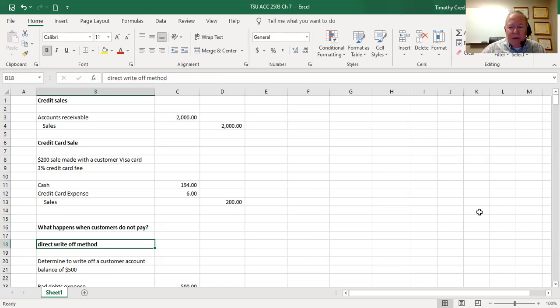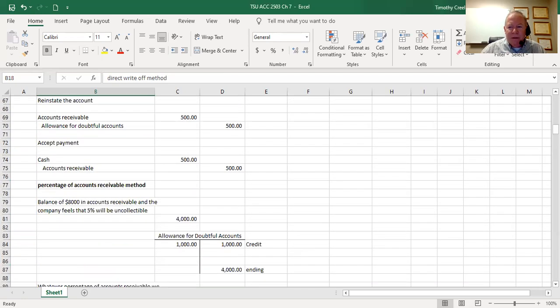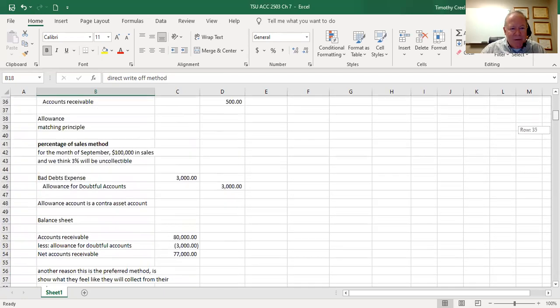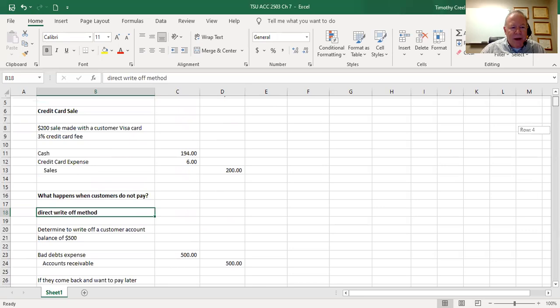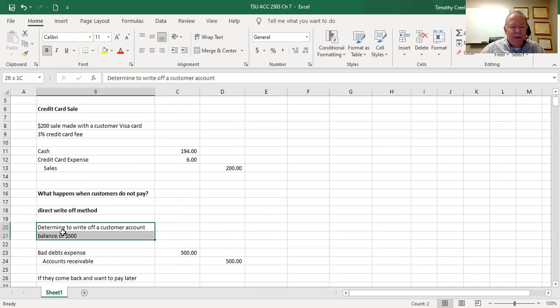Now, the direct write-off method, what would happen is, hold on a second, I jumped down a little too far. With the direct write-off method, once you determine that you're not going to collect, which most companies do about once or twice a year, they look at their customers that owe them money, especially the ones that are past due, and make a decision: I don't think we're ever going to collect this amount.